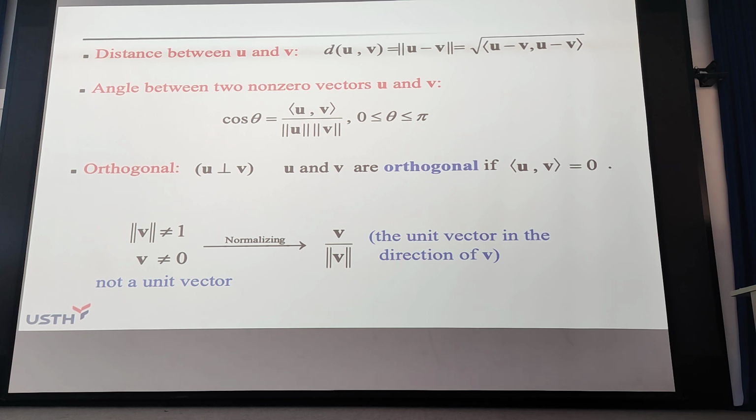And also we have the process of normalizing a vector. It means that in case the non-zero vector V is not yet a unit vector, then we can make it into a unit vector in the same direction.